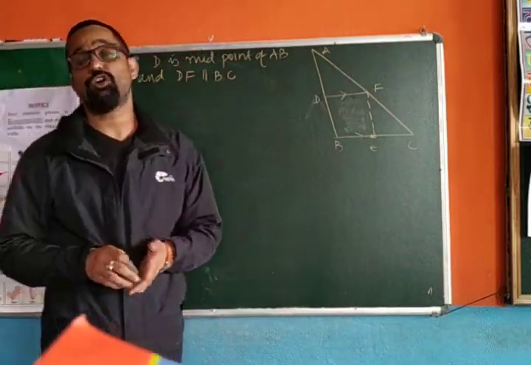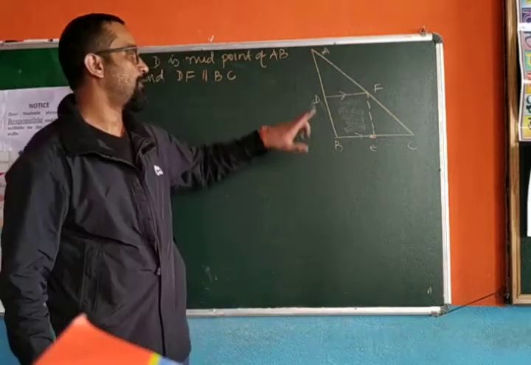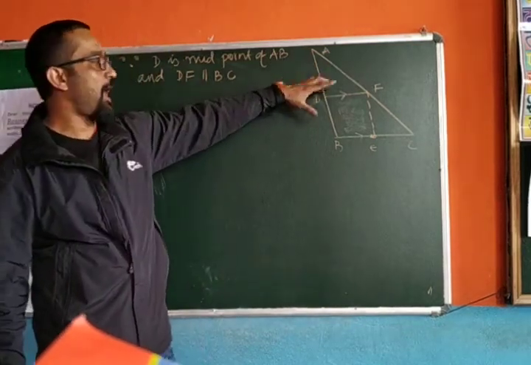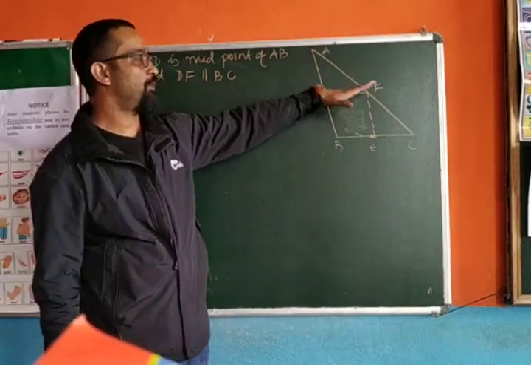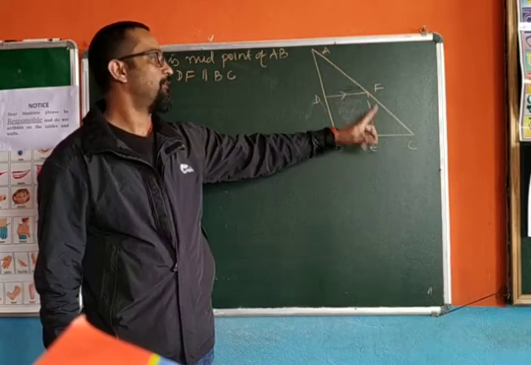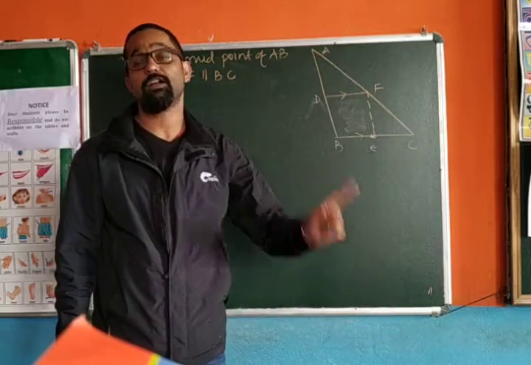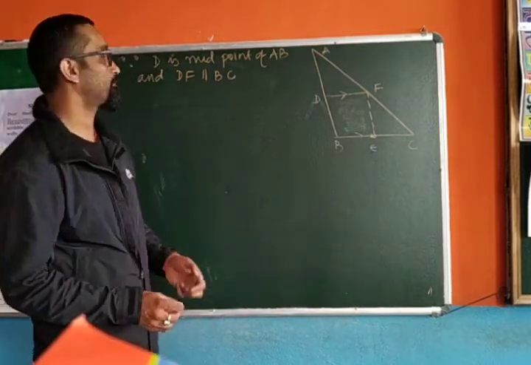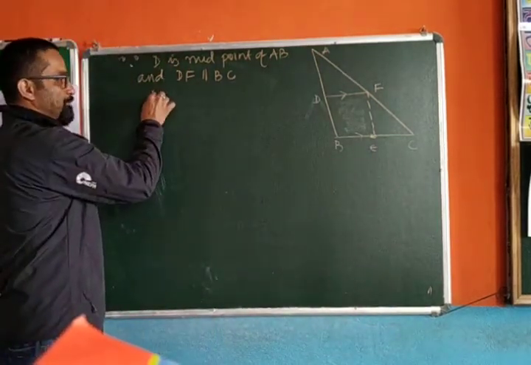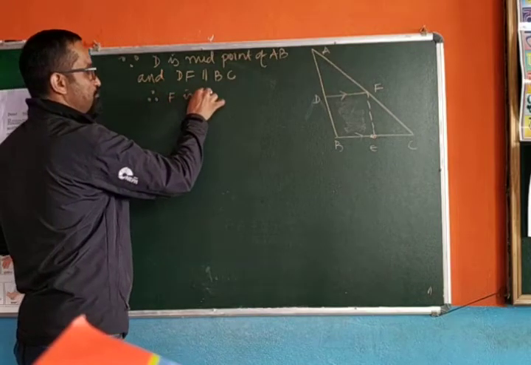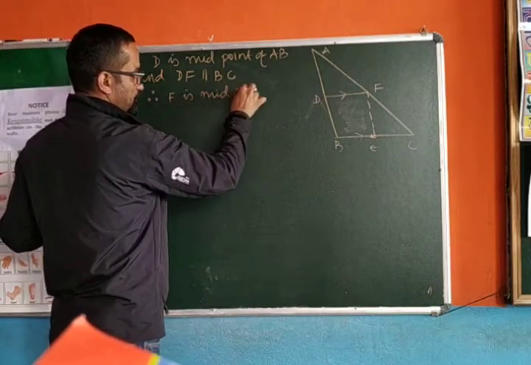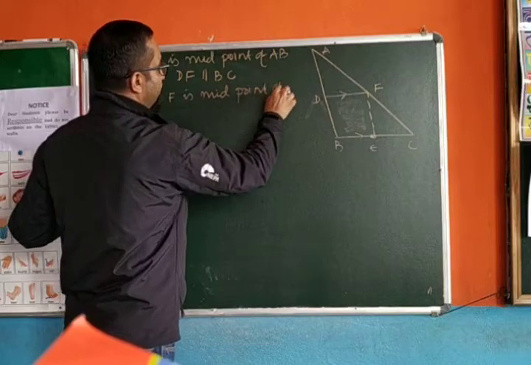By converse of midpoint theorem, a line through the midpoint parallel to the third side passes through the midpoint of another side of the triangle. Therefore, F is midpoint of AC.